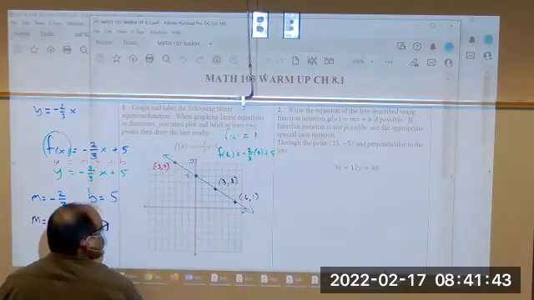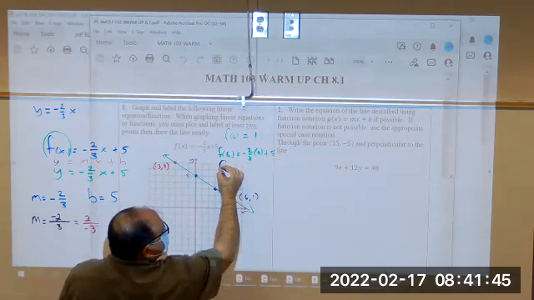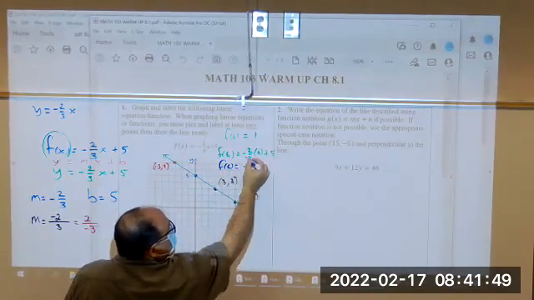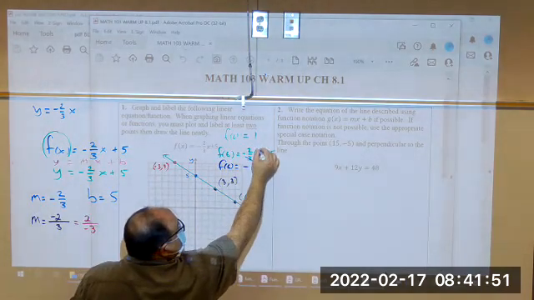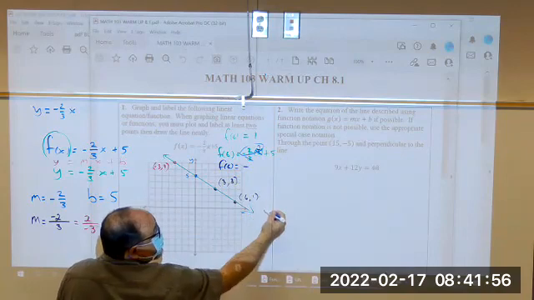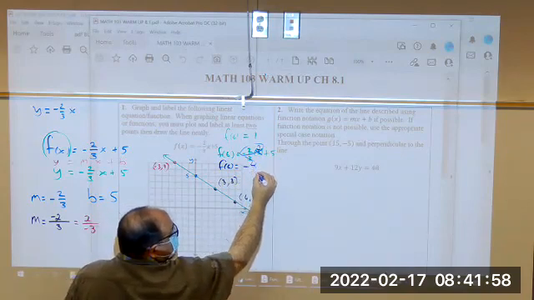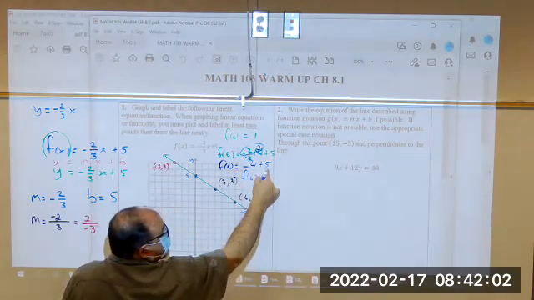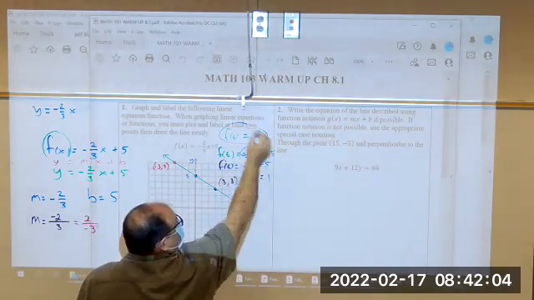A negative times a positive would be a negative. 3 goes into 6 2 times. So you're left with negative 2 times positive 2. So there's a negative 4 plus 5. So f of 6, negative 4 plus 5 equals positive 1.